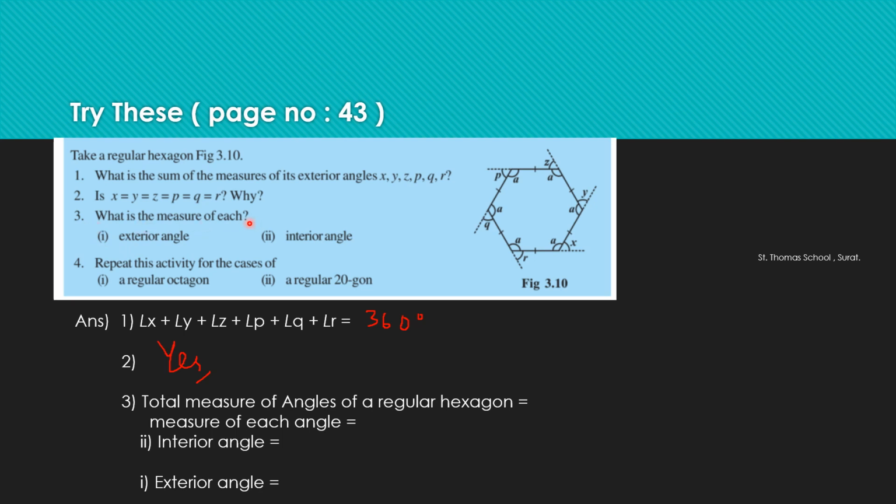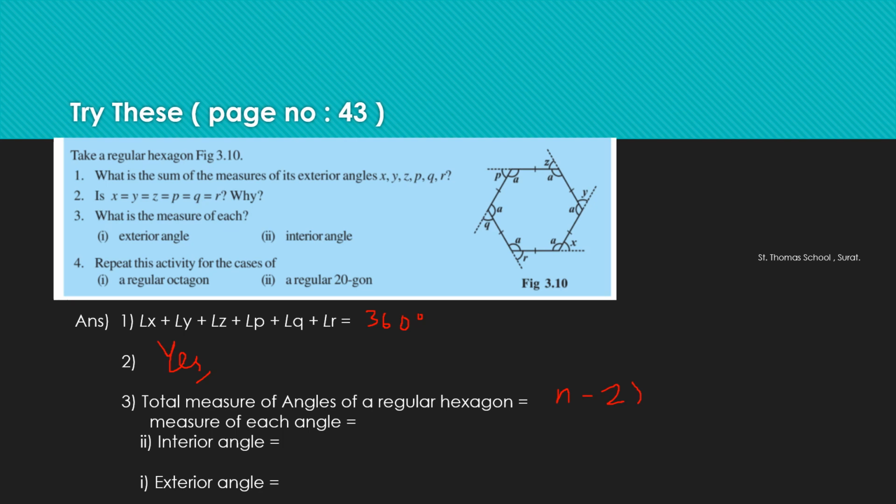Question number 3. What is the measure of each exterior angle? Before finding the exterior angle, what is the sum of the measures of the angles of this regular hexagon? Either you can memorize this, or already we have studied it in exercise 3.1 question number 1. For a polygon with n sides, there is a formula I told you to memorize: n minus 2 multiplied by 180 degrees.